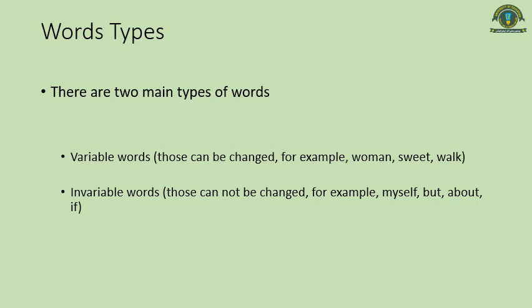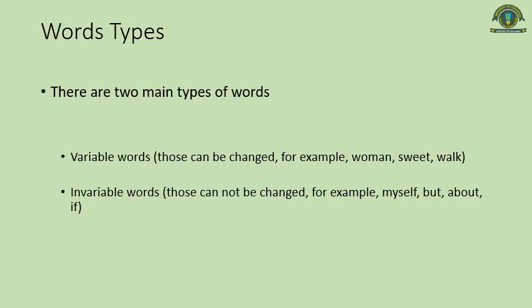For example, you have a number of words here: women, but, myself, sweet, walk, about, of, now. Do you think woman is variable or invariable? It's variable, because you have a singular and also a plural of it.